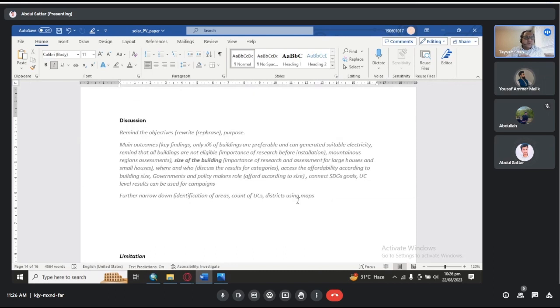So you need to read your introduction again and see the points you raised, why you needed to do this study, and now you tell us how your research, your findings, your results are helping to address those issues. This is the main purpose of the discussions.